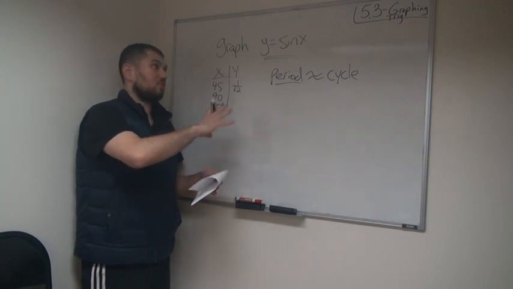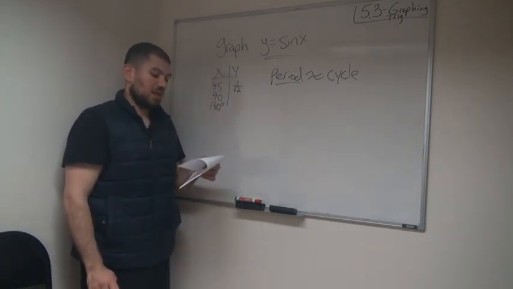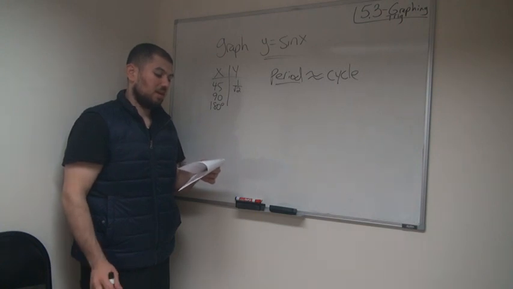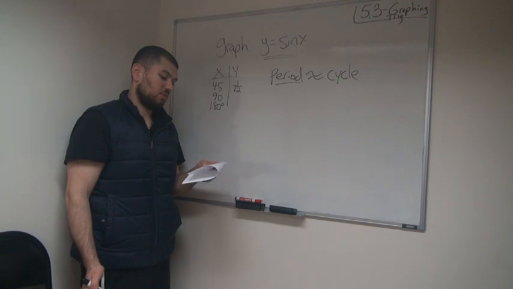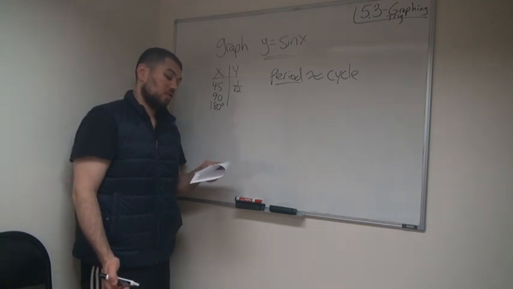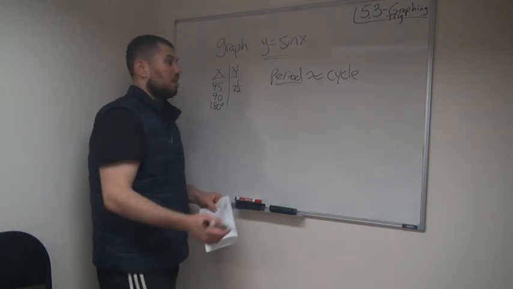What does it mean for this graph to have a cycle? The functions sine and cosine have a period of 2 pi. Sine of t plus 2 pi is sine of t. Cosine of t plus 2 pi is cosine of t. So the sine and cosine repeat y values in any interval length of 2 pi. What does that mean?